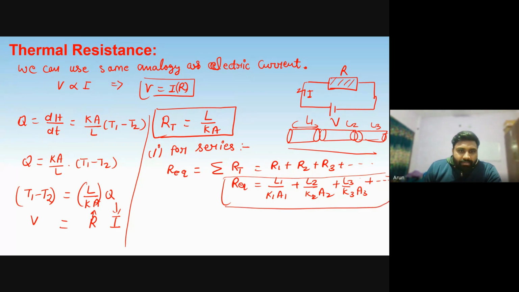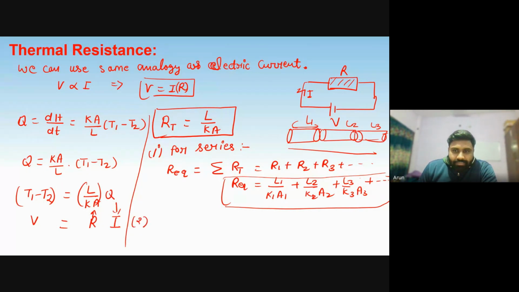Now for parallel, obviously the rate of heat current, Q is equal to KA (T1 minus T2) by L. It will only depend on the temperature difference, because in series the current is the same. Right? The current is the same.